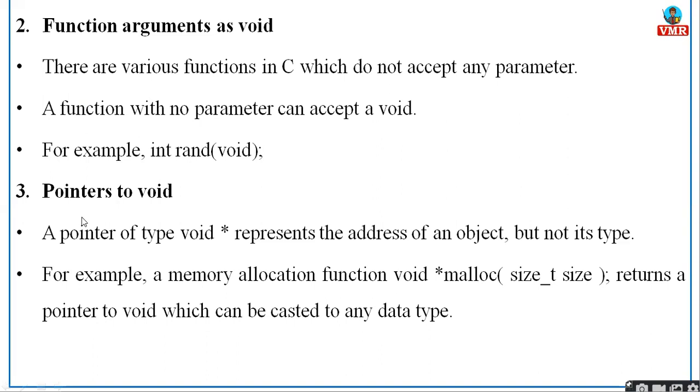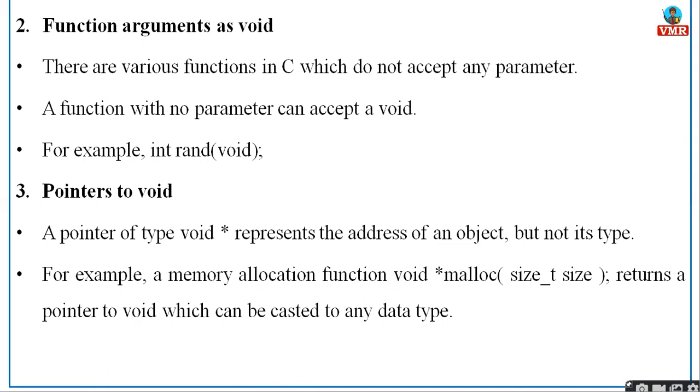And next comes pointers to void. Yes, you can also give void to pointer, that is a pointer to a type void. So here the pointer represents the address of an object, but it is not a type. For example, the memory allocation function void *malloc(size_t) returns a pointer to void which can be cast into any data type.